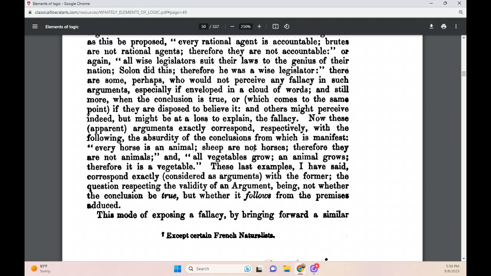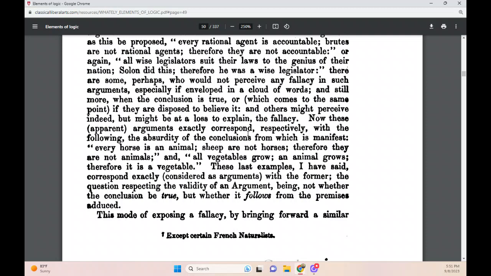It could be inside the animal circle, it could be half in, half outside the animal circle, or it could be entirely outside the animal circle. So we can see that that argument is not conclusive. But that's the same exact argument that was made before about rational agents and about Solon, the lawmaker.